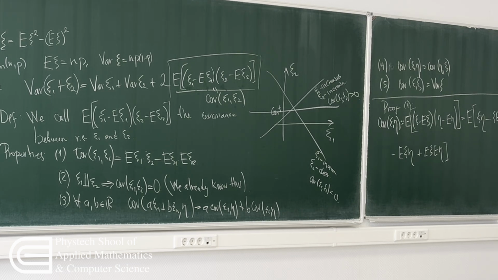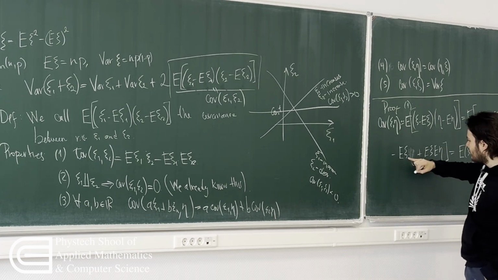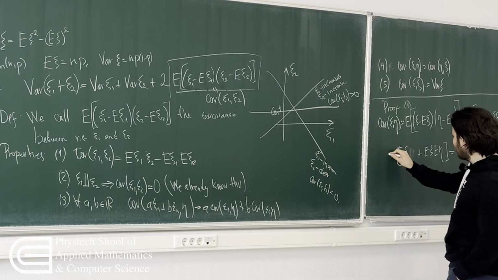Okay. So what is this? This will be equal to the expected value of xi times eta. Wait, so here we had not like this. It's better like this already, so that we don't get confused, right?